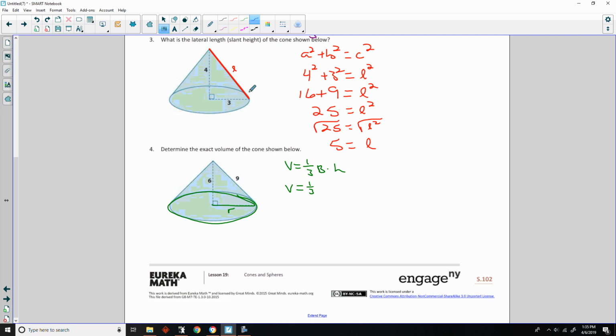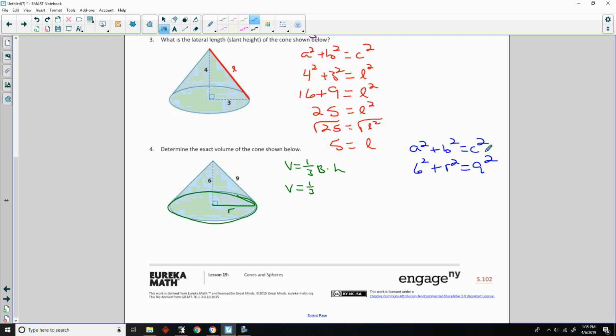So it's a right triangle just like this problem up here, and I always write the formula first. A squared plus b squared equals c squared. I'm doing the Pythagorean theorem because I have a right triangle. In this case, a is 6. The base is my radius, so I'm going to write r squared equals 9 squared.